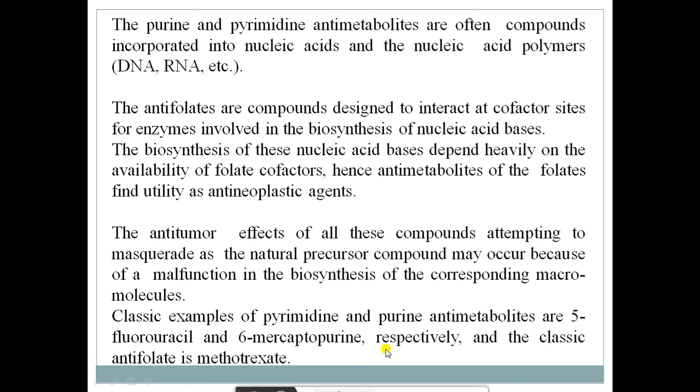So these are the three different examples. Just remember all these examples: 5-fluorouracil, 6-mercaptopurine, and methotrexate. 5-fluorouracil is a pyrimidine antimetabolite, while 6-mercaptopurine is a purine antimetabolite.